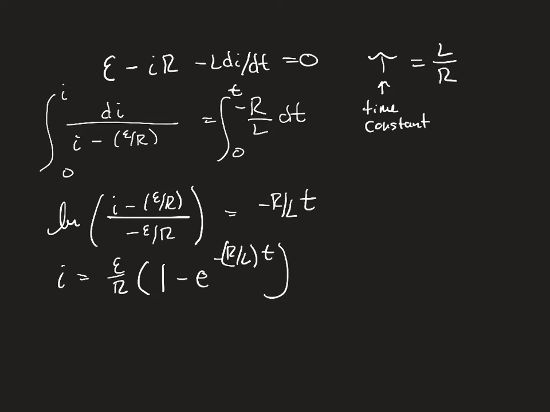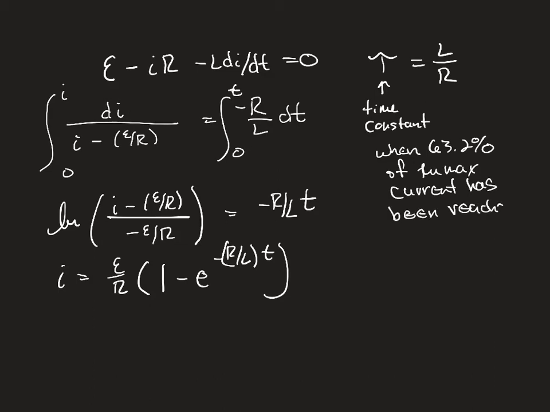And once again, this is when 63.2% of the max current has been reached. Alright, so this is the formula we're using in order to find the current with respect to time as the circuit reaches the maximum current.